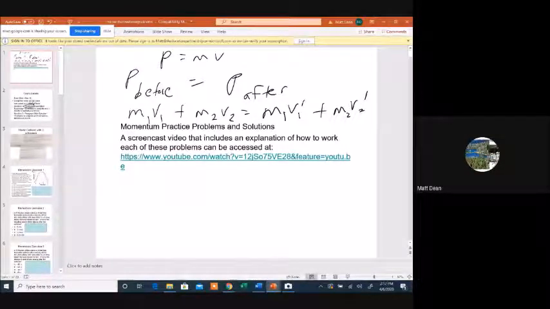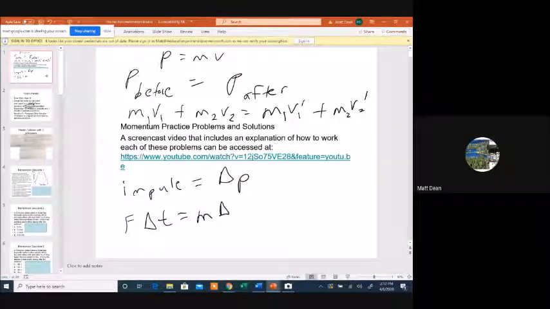Number two idea is the idea that impulses cause change in momentum. Remember, an impulse is a force applied over time. So F delta T causes a momentum change, and a change in momentum is m times change in velocity.